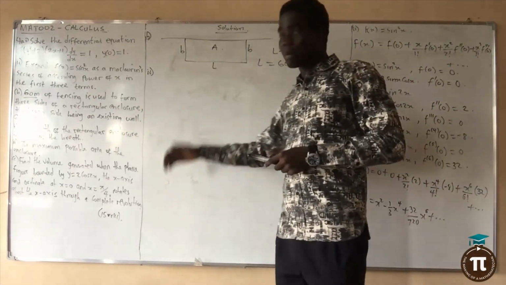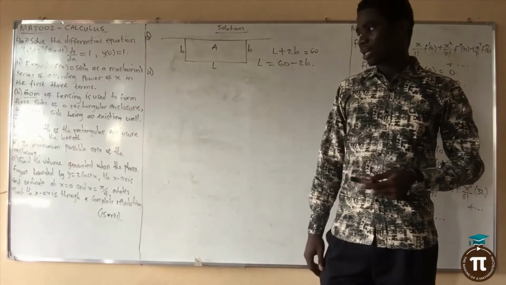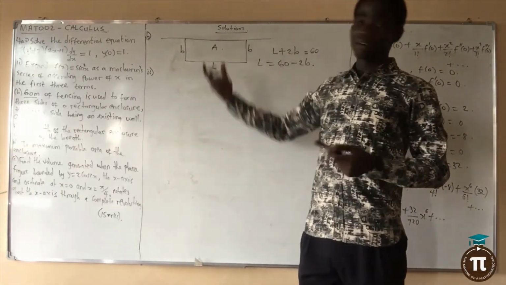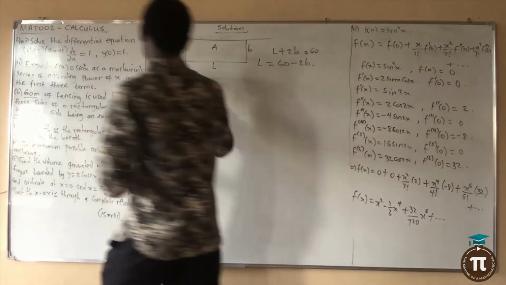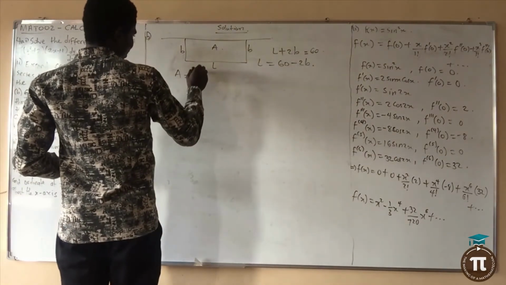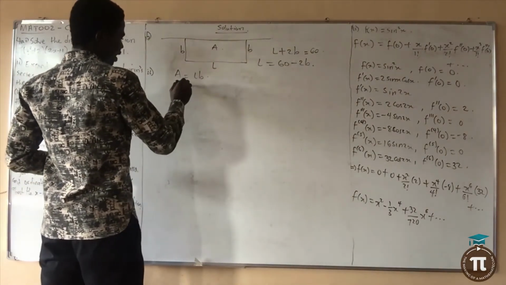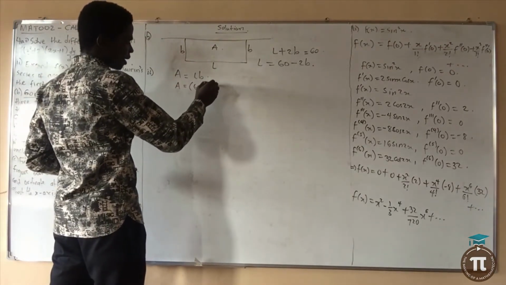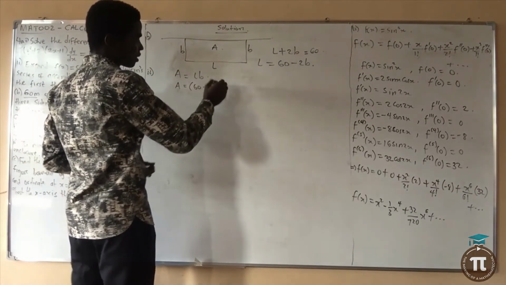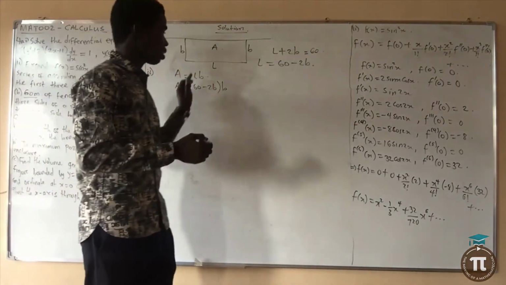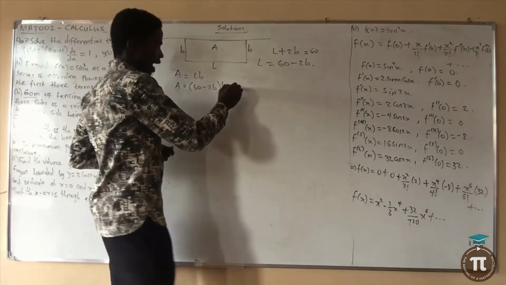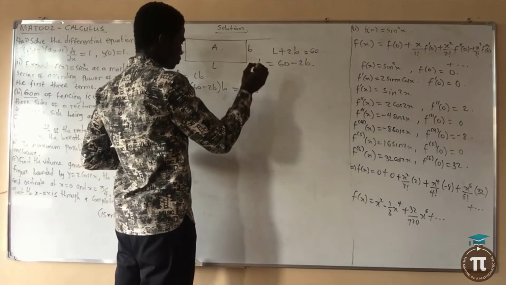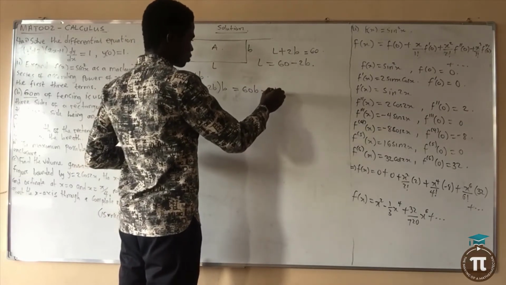To be able to find the maximum possible area, you have to know the area of a rectangle. The area of a rectangle is length times breadth. So area is equal to, we know what the length is: 60 minus 2b. Then the length is 60 minus 2b multiplied by b. So I have 60b minus 2b squared.